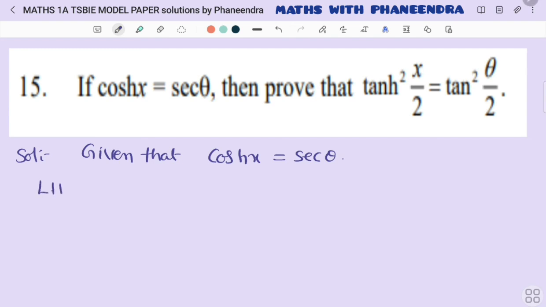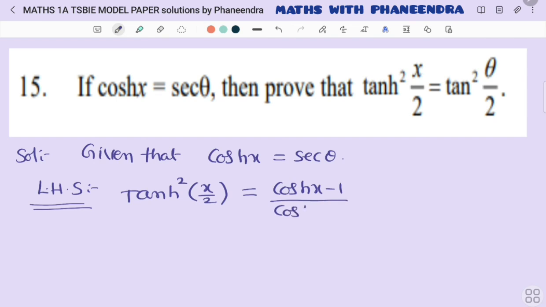So, you have to consider the LHS. What is the LHS? Tanh square x by 2. The formula for tanh square x by 2 is cosh x minus 1 divided by cosh x plus 1. The cosh x value is given as secant theta minus 1 by secant theta plus 1.